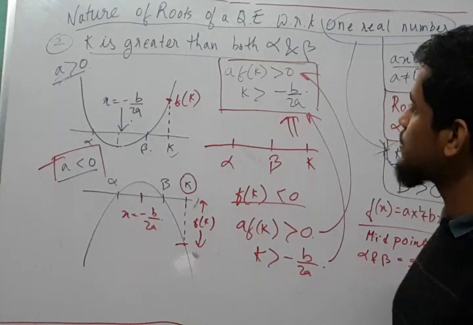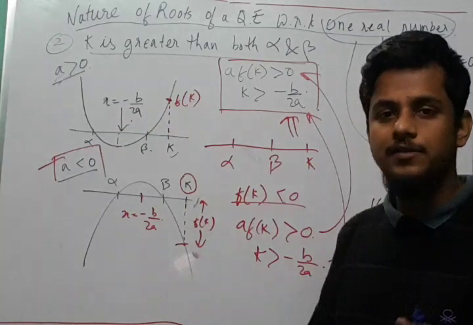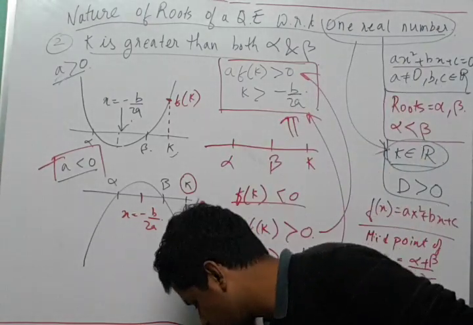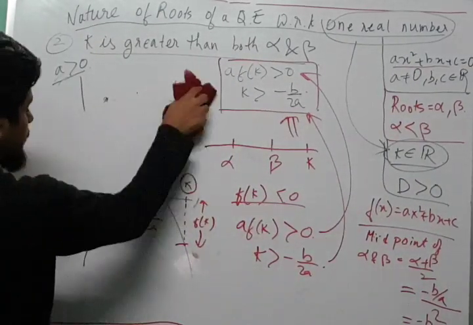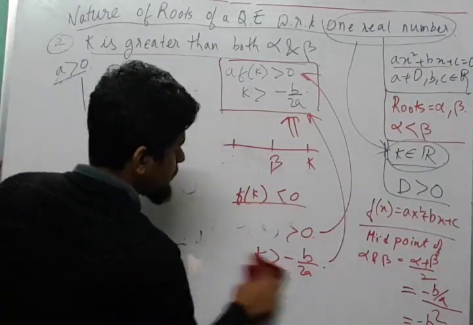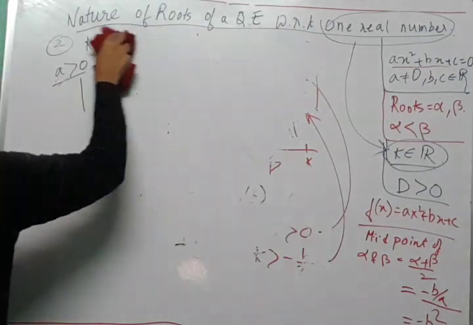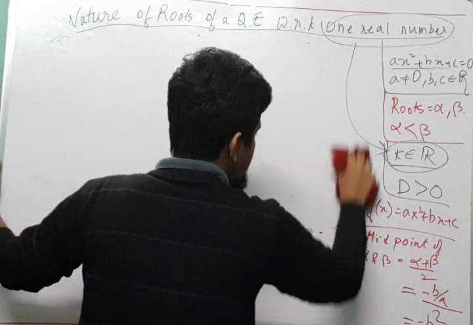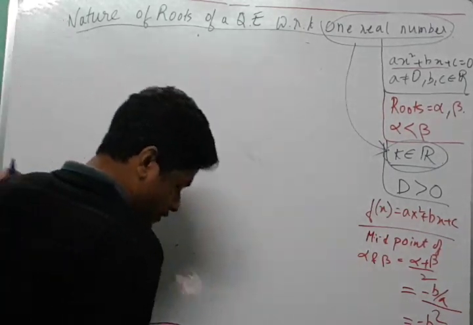So there is another condition which we'll try to discuss, that is, what happens when k is in the middle of the roots alpha and beta. So let me rub it out again and we'll try to discuss that condition. Okay, so we're good to go now.